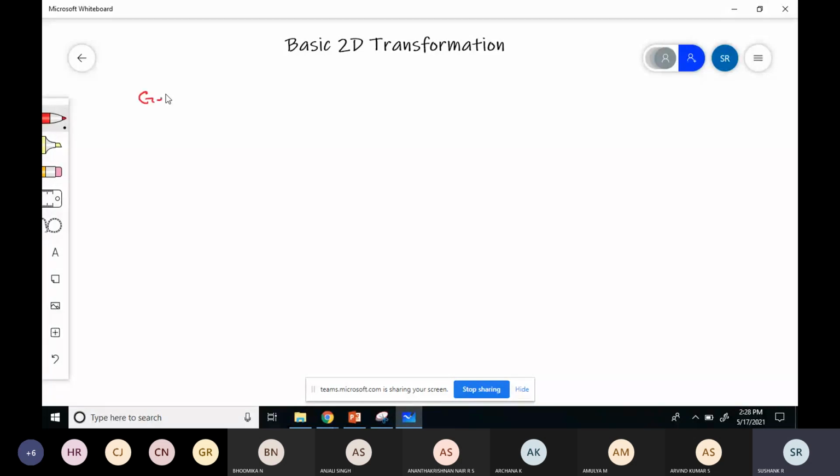Geometric transformation means you will be changing its size, rotating it, changing its orientation, and changing its position. So these three points we will call the basic transformations.